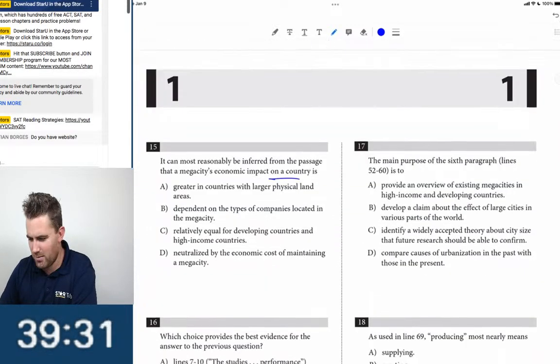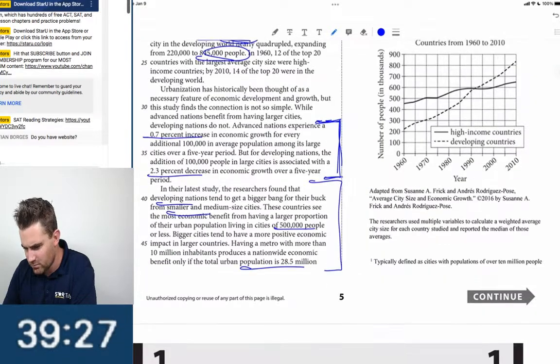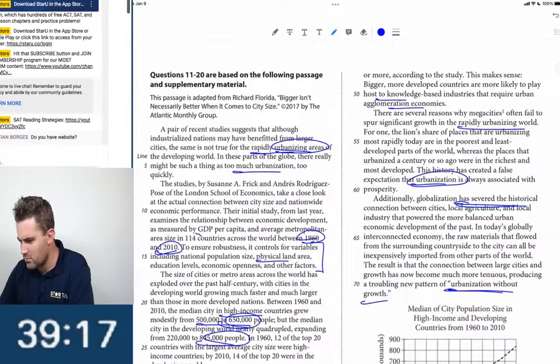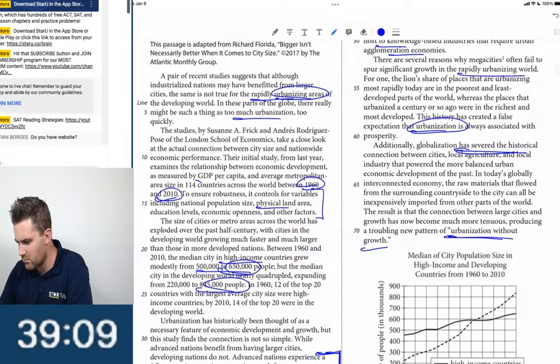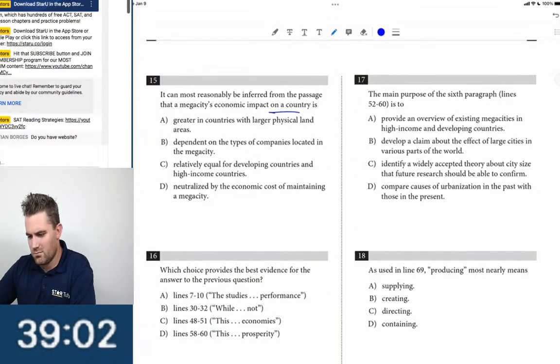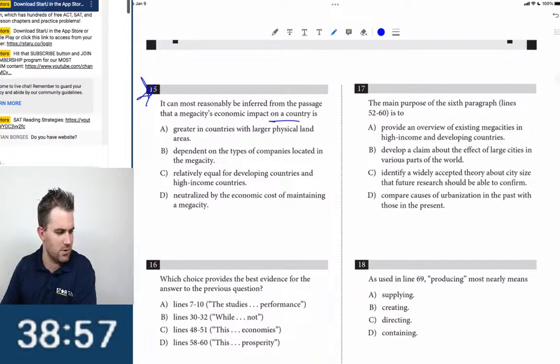Am I crazy? I don't know, guys. I'm gonna skip these two. So 15 and 16, I'm gonna come back to just because I want to make sure that I stay relatively close to time.